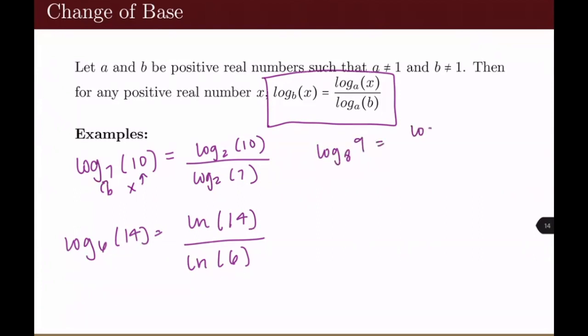You could say that's log base 10 of 9 divided by log base 10 of 8. The purpose of this is sometimes to make things easier to put in your calculator, because not all calculators can do any base. Some of them only let you do log base 10 or natural log. All right, let's move on.